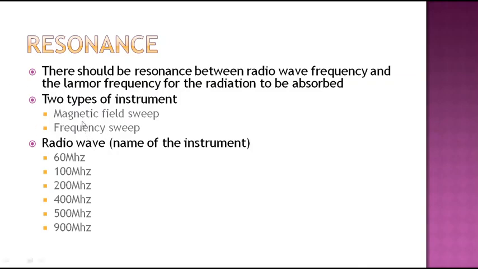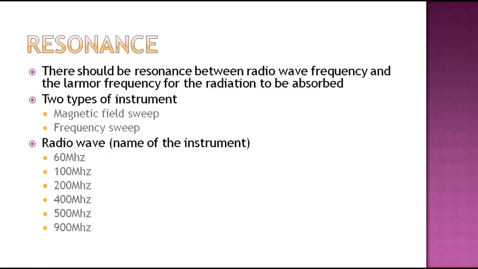Since frequency is kept constant and the magnetic field is swept, that kind of instrument is named with respect to the radio wave: 60 megahertz, 100 megahertz, 200 megahertz. Why do we need these different instruments? The 60 megahertz instrument has a very low magnetic field, and it can record all kinds of protons.